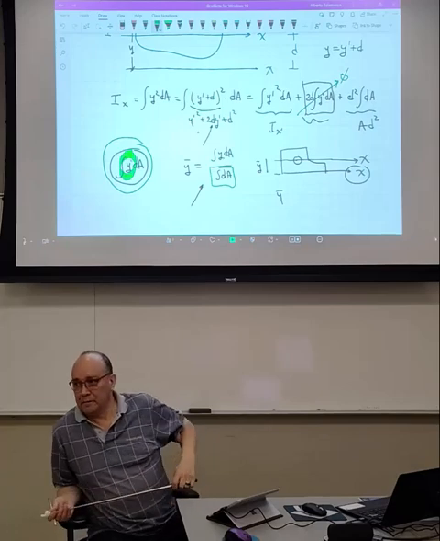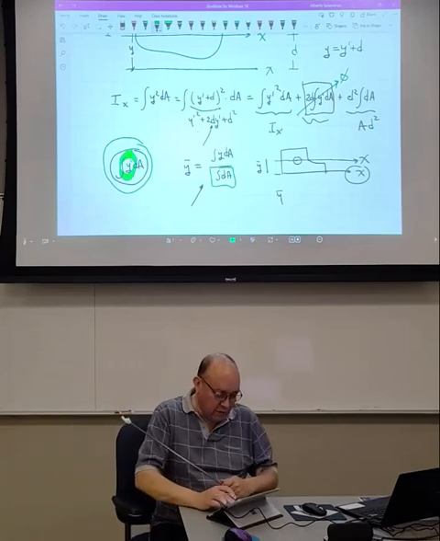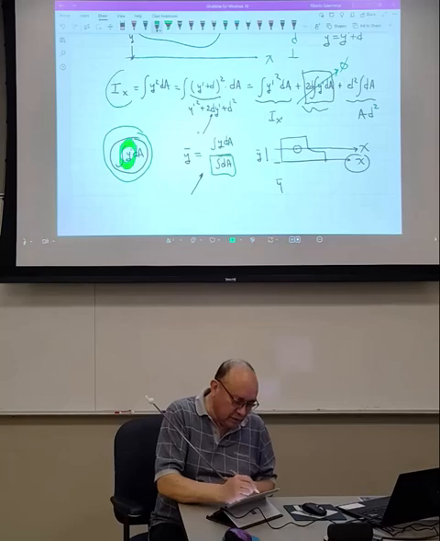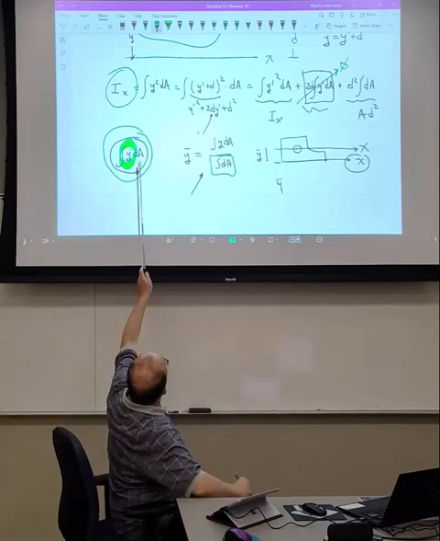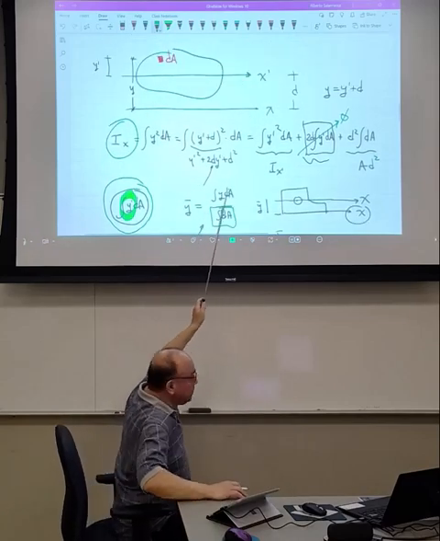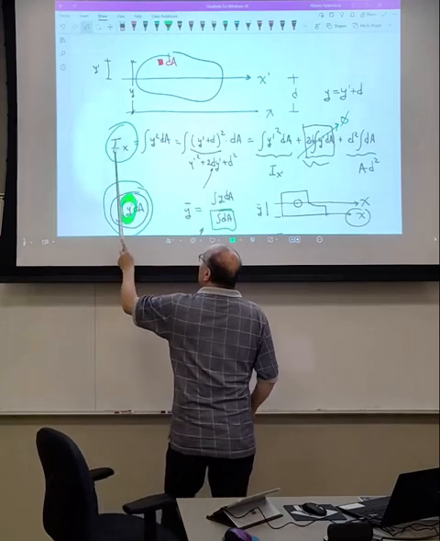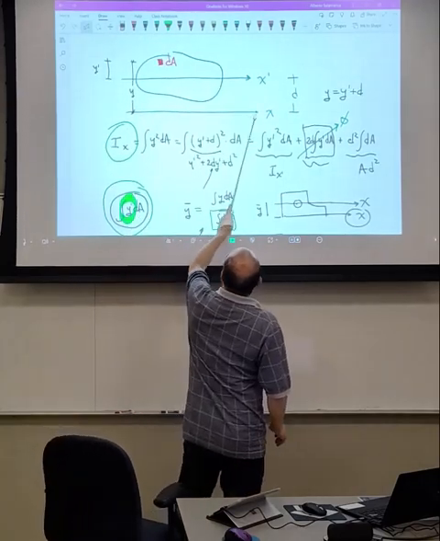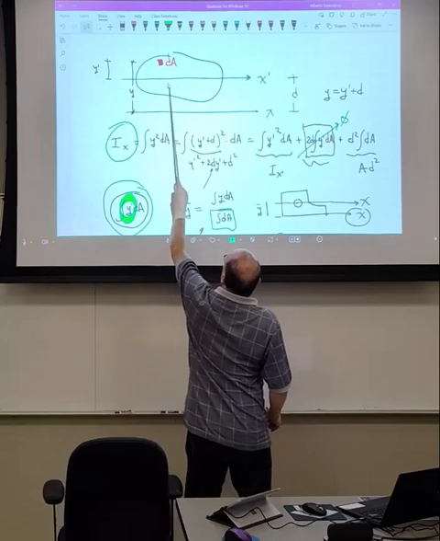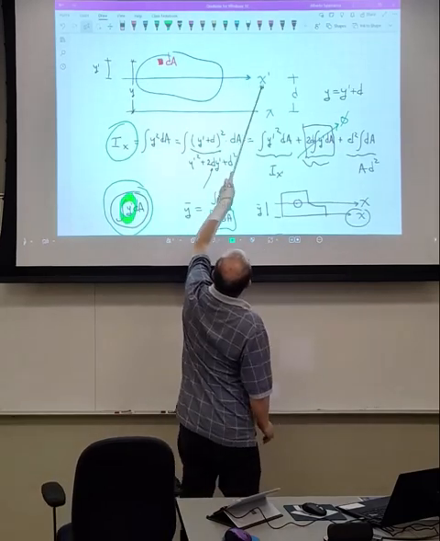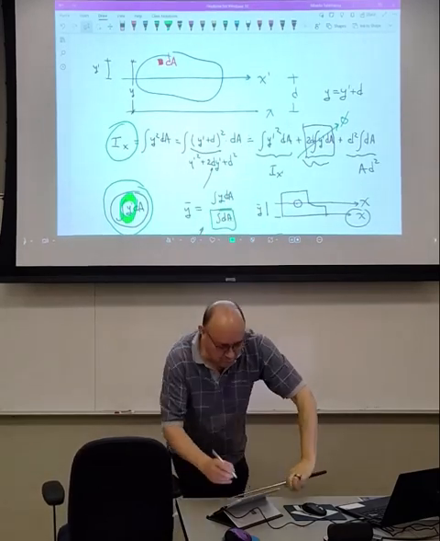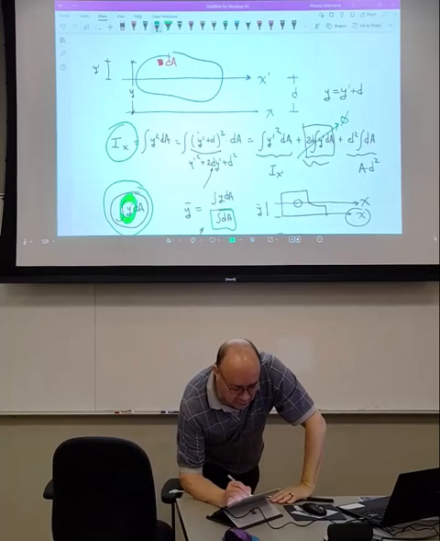Okay? So we just found that the moment of inertia with respect to an axis that is parallel to another axis that is centroidal, that I call x prime. Maybe it would be a good idea to put the centroid here.